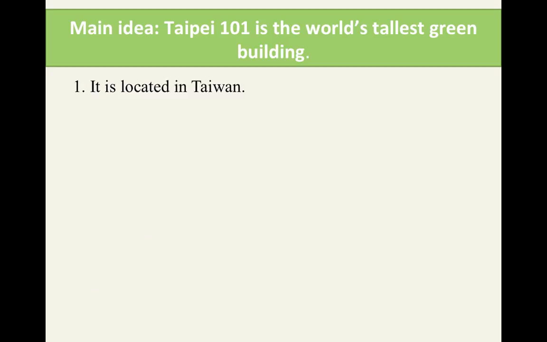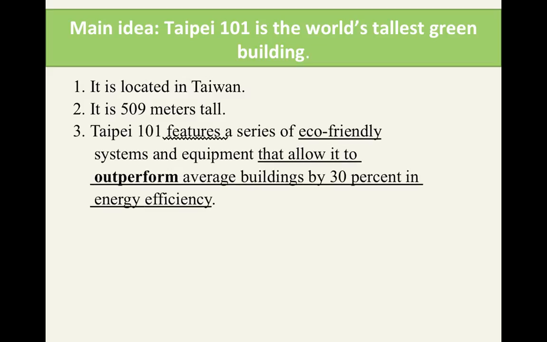Okay, and then let's see some details about this building. It's located in Taiwan, of course, and it's about 509 meters tall. And Taipei 101 features a series of eco-friendly systems and equipment that allowed it to outperform average buildings by 30% in energy efficiency.